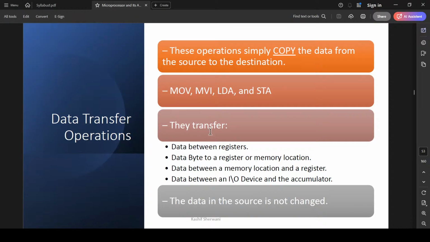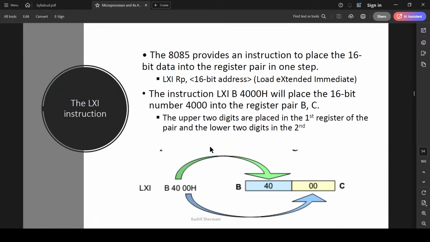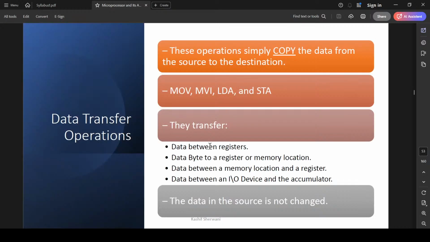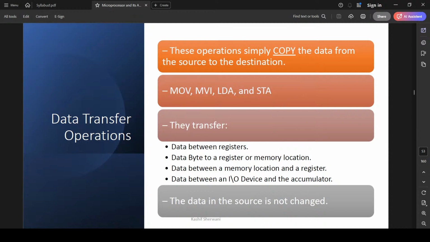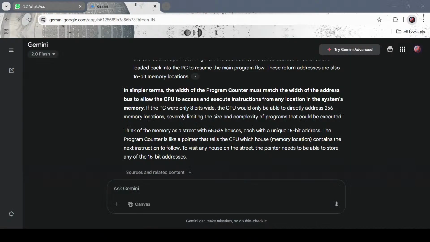What they do is they transfer data between registers. Is this corresponding to this? MOV to this, MVI to this? Let's see the next slide. It is not telling anything else. Okay, let's ask Gemini. Let me enable the board.